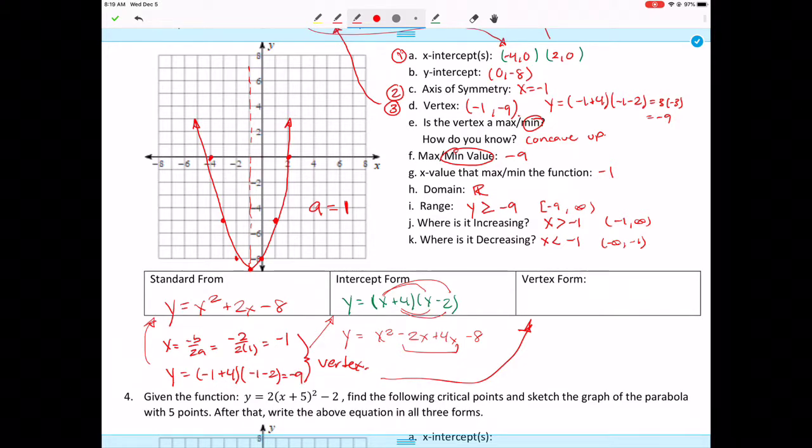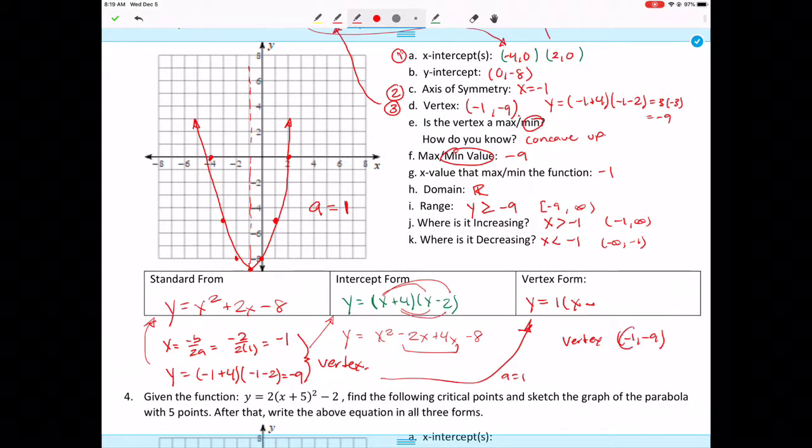So once we have that and we have our growth pattern, where a equals 1, we can write our equation. Y equals 1 times x minus, and x is, for our vertex, I'm going to just rewrite it here. Vertex is negative 1, negative 9, okay?